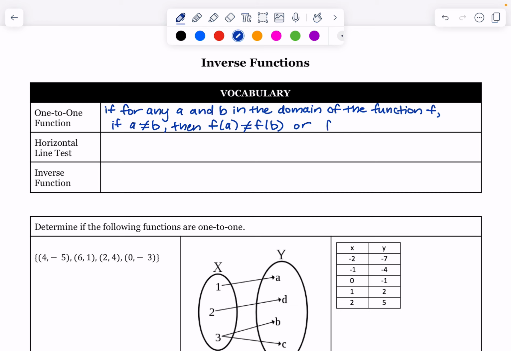Or equivalently, you could say if f of a equals f of b, then a equals b.